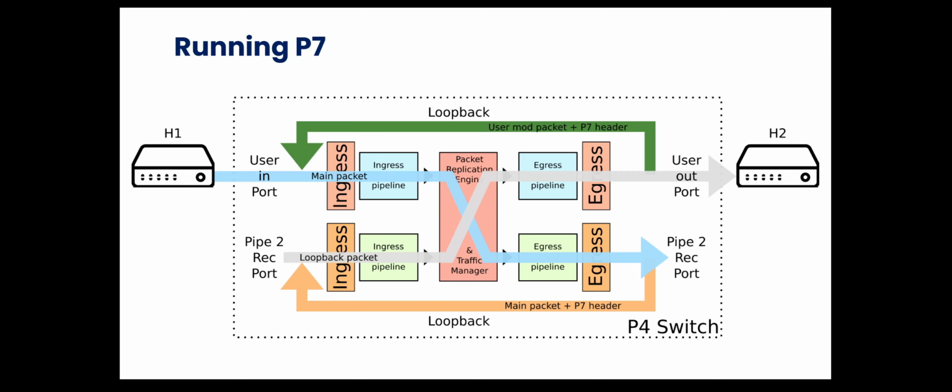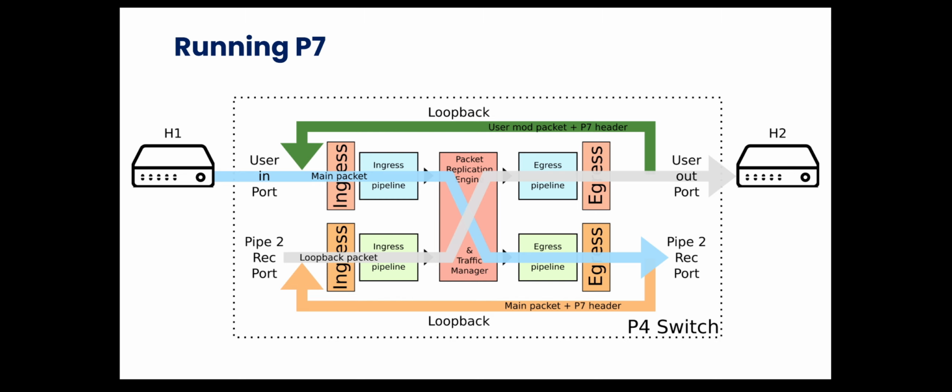What we are going to do is use the features of the TNA architecture that send packets to a different pipeline. This can be done using the traffic manager and recirculations.